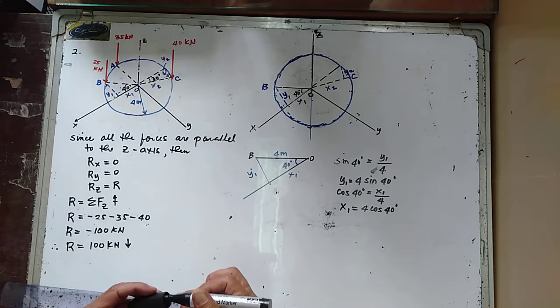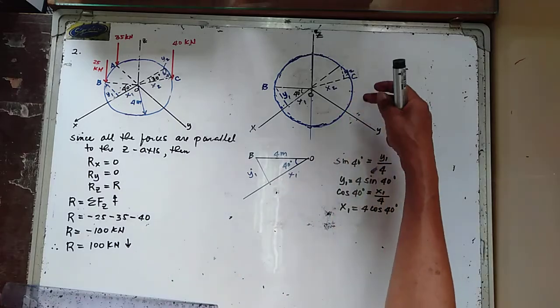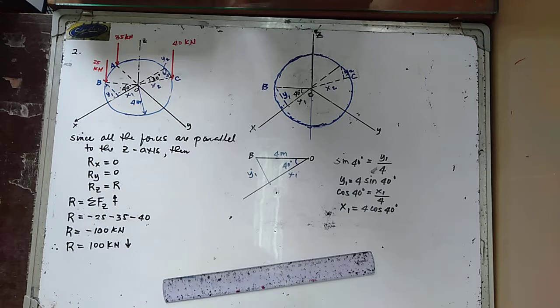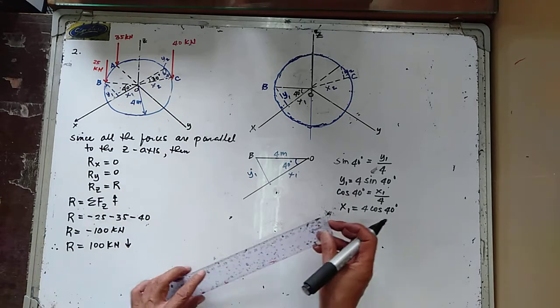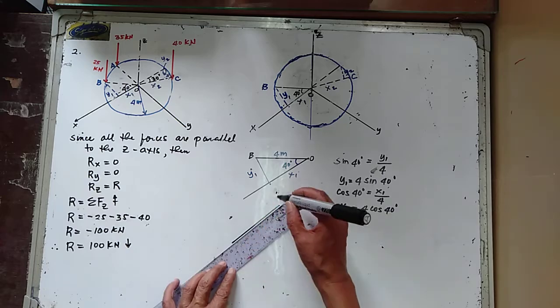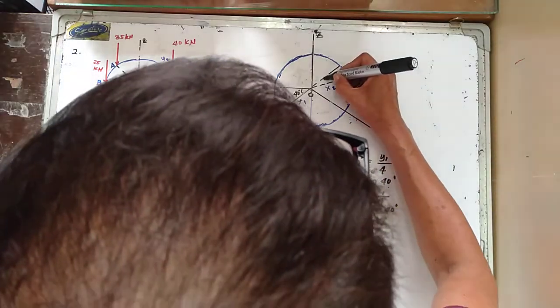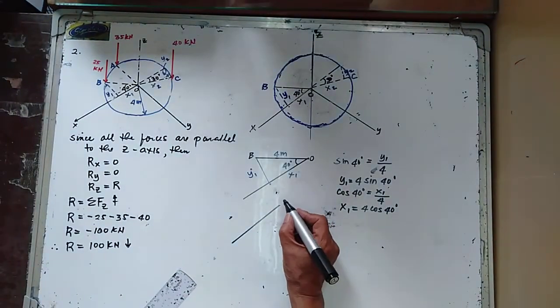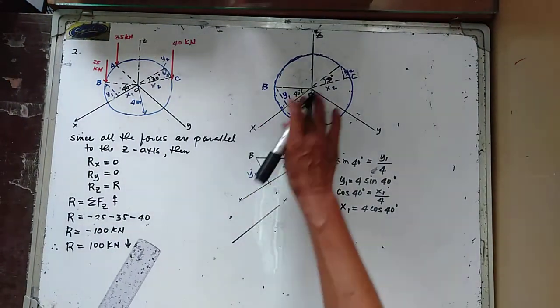Now, let's try to get the other one in here, x2 and y2. So again, this is along the x-axis. And this one is equal to 30 degrees. It's along the x-axis, so this is the x-axis.